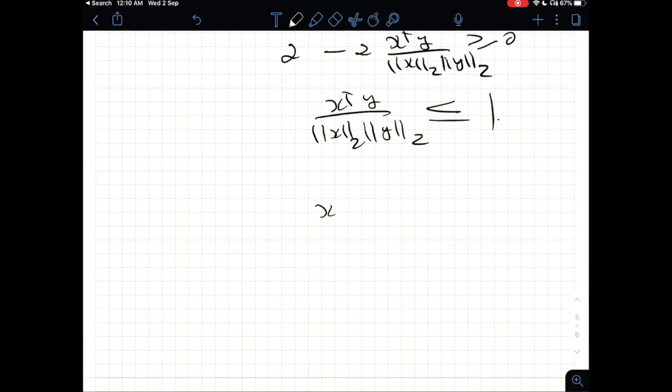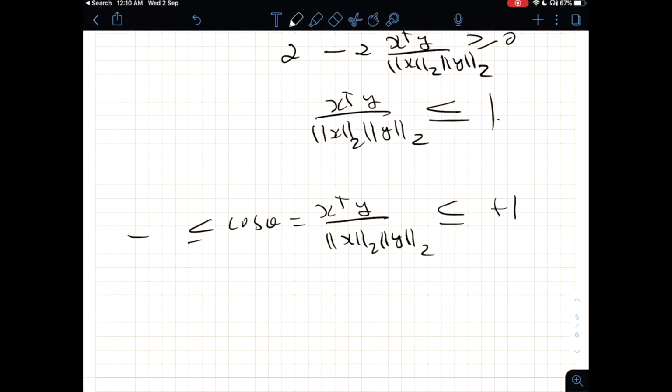So we have come to the conclusion that this is cos of theta, and this is always between, therefore, plus 1 and minus 1. Once I have said that it is cos of theta, it's always going to be between minus 1 and plus 1.